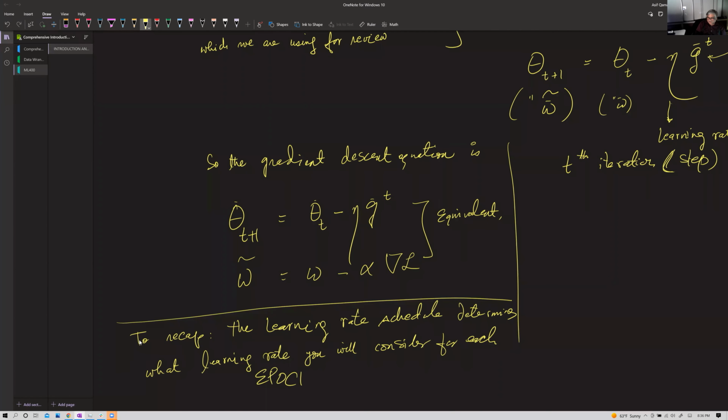And this is very important. You change the learning rate after going through an entire epoch of data. So it is coarse-grained. You don't keep changing it in the middle of the epoch itself.